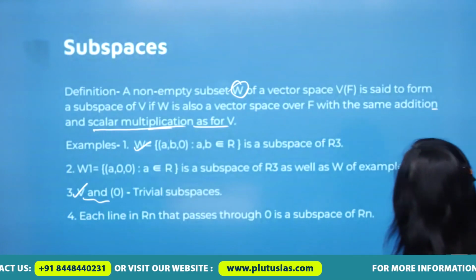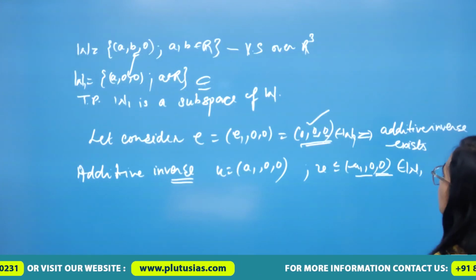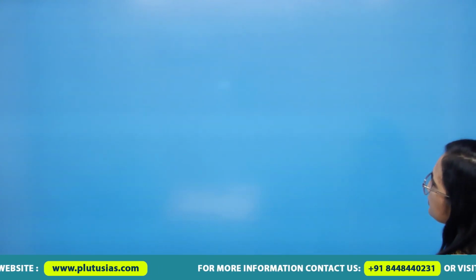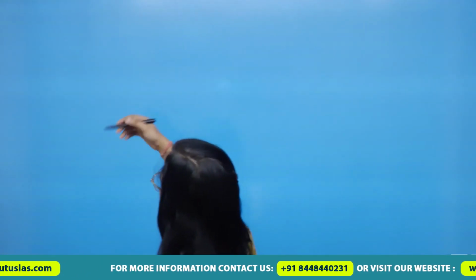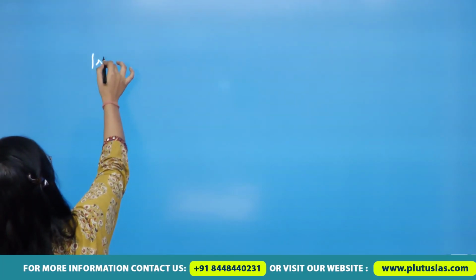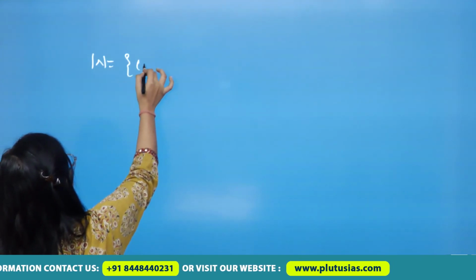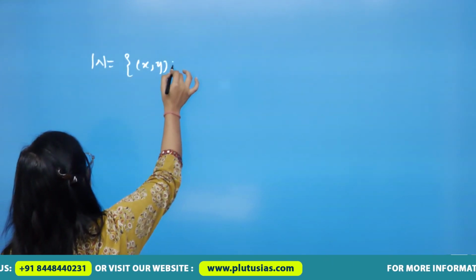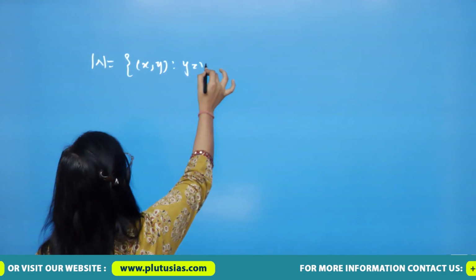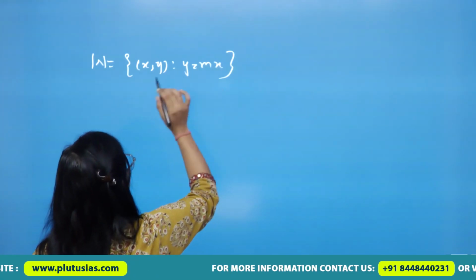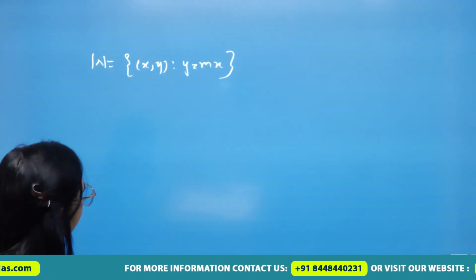We'll go to the next one. Yes, we have it. W is nothing but the set of (x, y) such that y is equal to mx, right? It is passing through the origin, or 0.